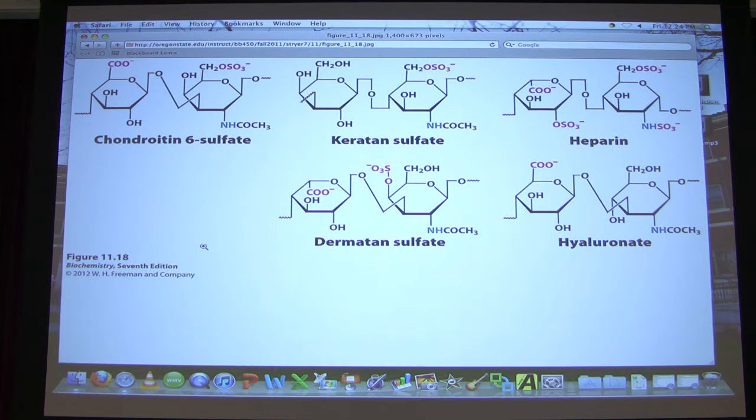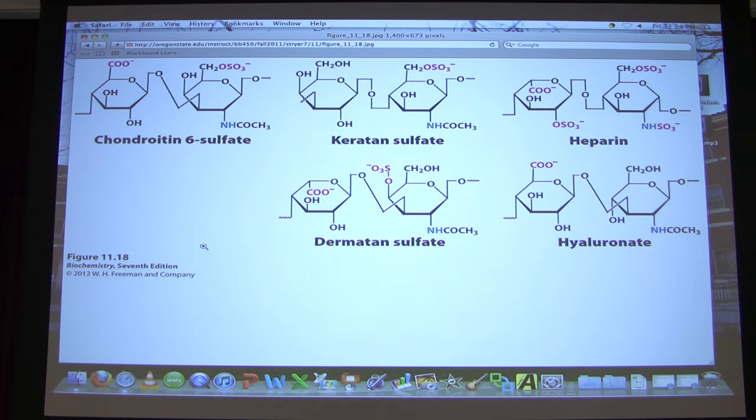Hyaluronic acid, for example, or hyaluronate, is the lubrication material of our joints. Dissolved in water, these compounds get very slippery and slidey. Snot is full of glycosaminoglycans. It gives you an idea about the slippery slidiness of it.